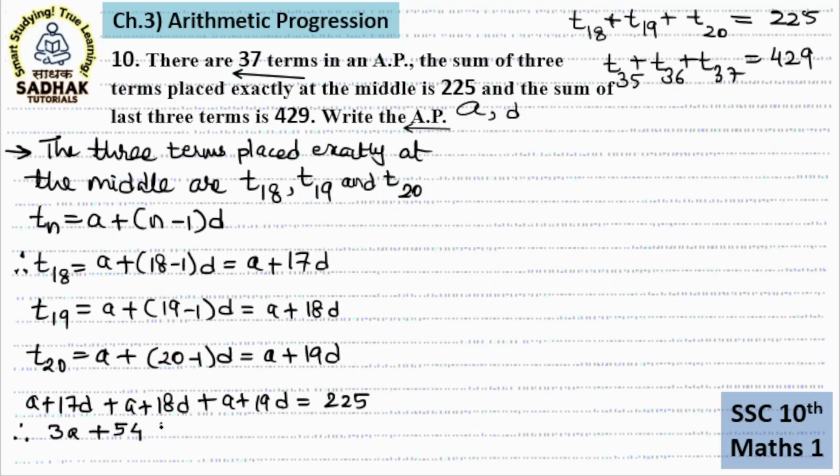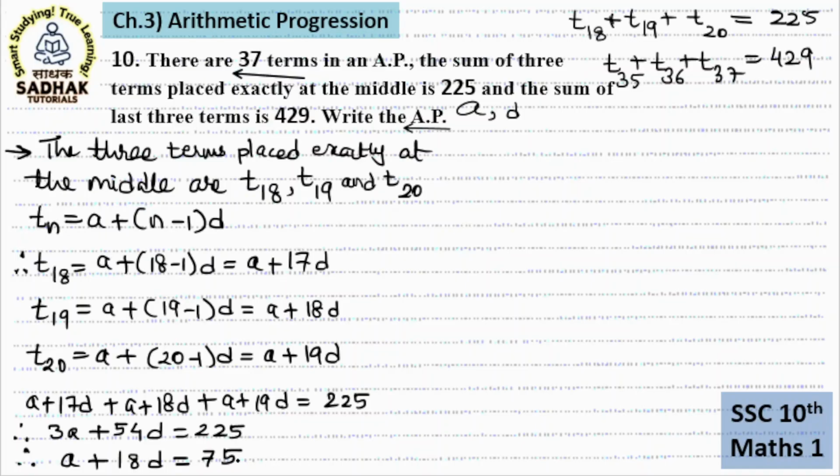So 3A plus 54D is equal to 225. Now if we divide this entire thing by 3, then we will get A. Now 54 divided by 3 is 18, so 18D, and 225 divided by 3 will give us 75, okay?